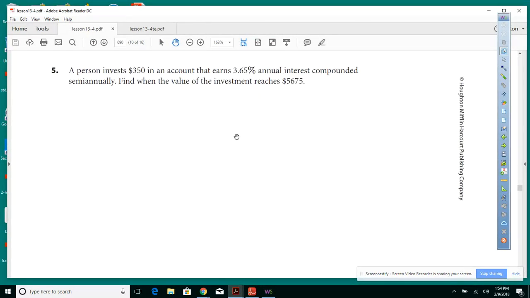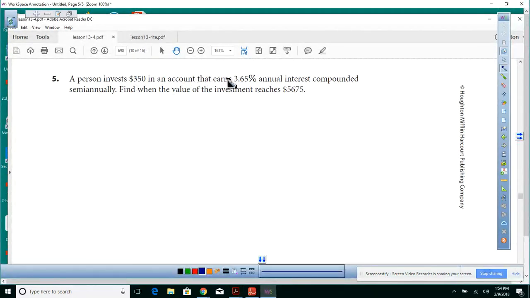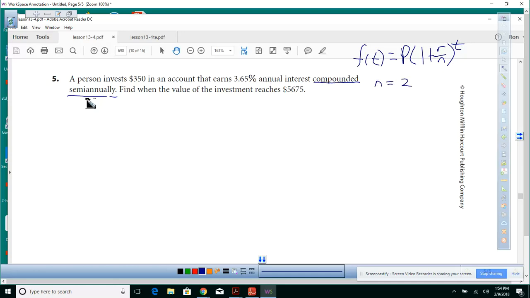Number 5. A person invests $350 in an account that earns annual interest compounded semi-annually. So here's where we change equations. F of T equals the principal times 1 plus R over N to the N times T. Now N equals 2 because it's semi-annually, twice a year.